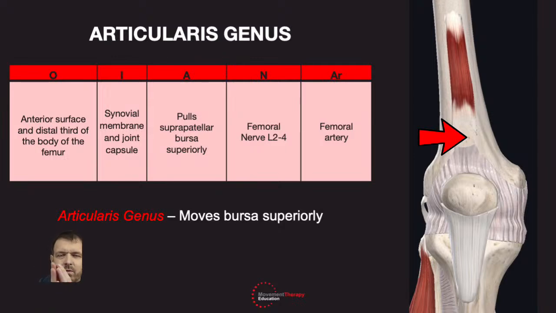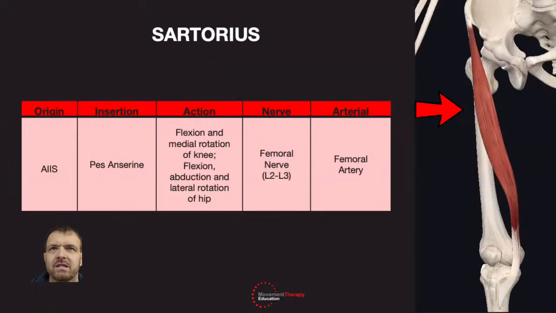And if you remember what we were saying, I think it was last week, as the knee goes into extension, what this muscle does is it pulls your bursa out of the way of the kneecap so it doesn't get caught. Okay, so it will sit on the front of your femur, just there, and then the attachment will attach onto the top of the bursa. Then as you extend the knee, it will just lift the bursa out of the way. Okay, crazy. And again, not very many people have heard of that one. So articularis genus, and then we're on to the last two for this session.